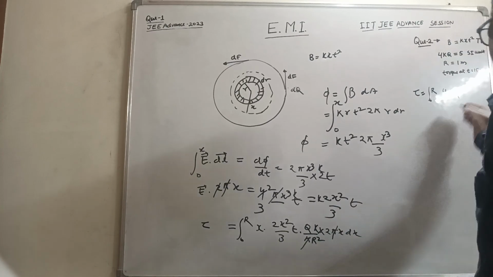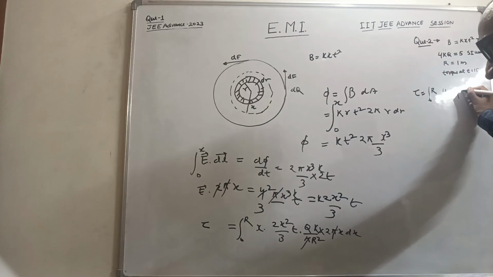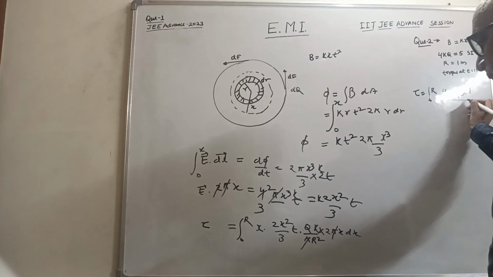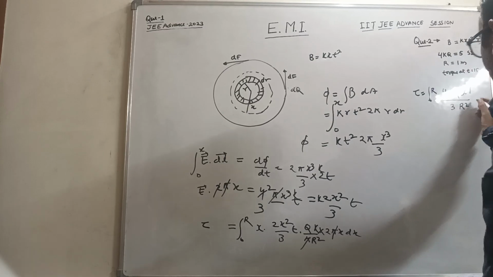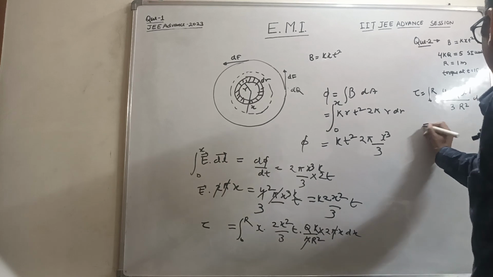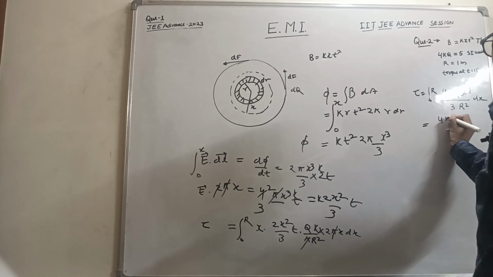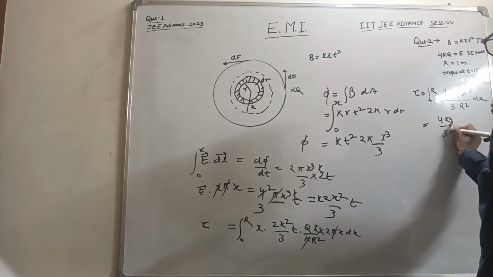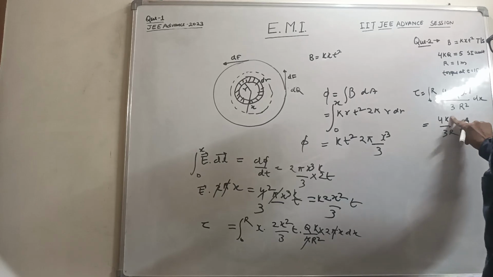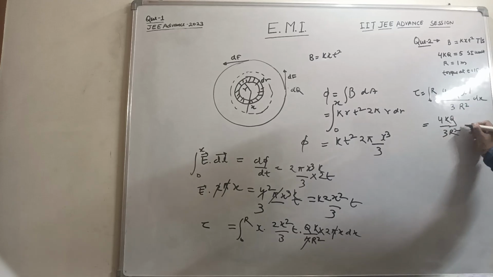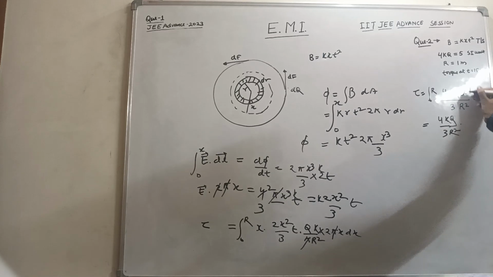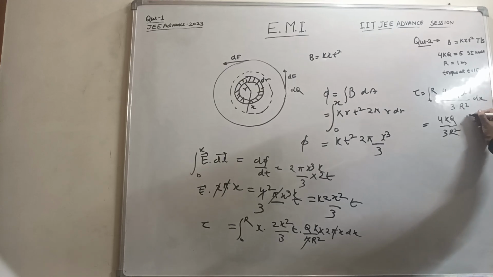4kq x cubed times x, x to the 4, upon 3 r squared into dx. So integrating this term, with 4kq by 3 r squared common, the integration of x to the 4 is x to the 5 by 5, from 0 to r.